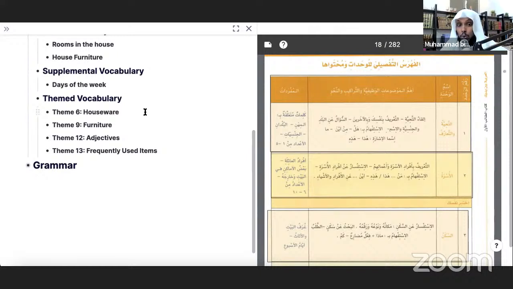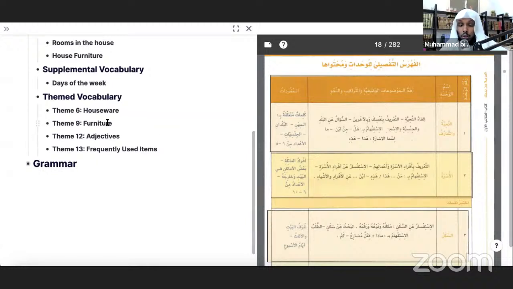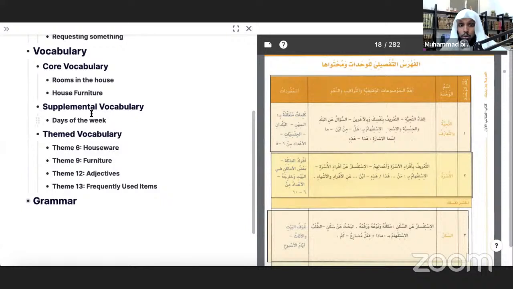Theme 6 is about houseware, theme 9 is about furniture, theme 12 is about adjectives you can use to describe rooms, furniture, and these sorts of things. And theme 13 is about frequently used items, and I found that most of those items are household objects. Those are the items we use the most.